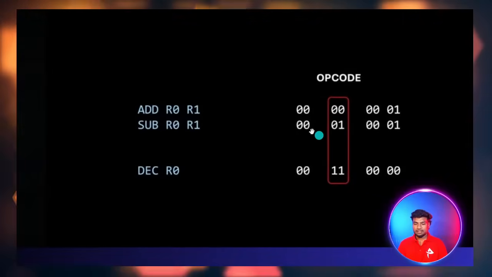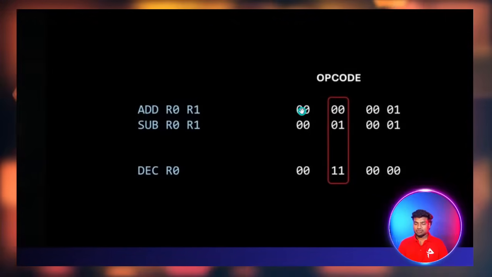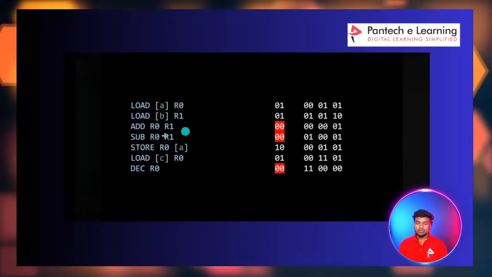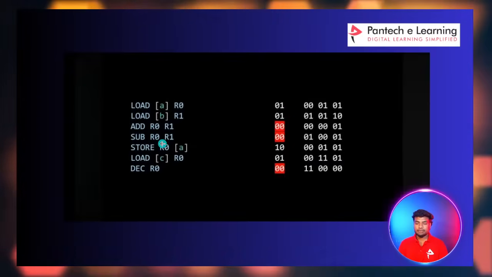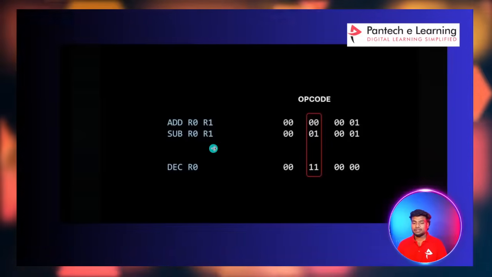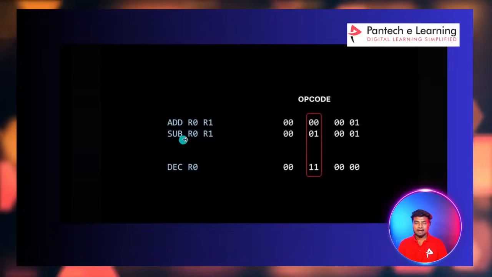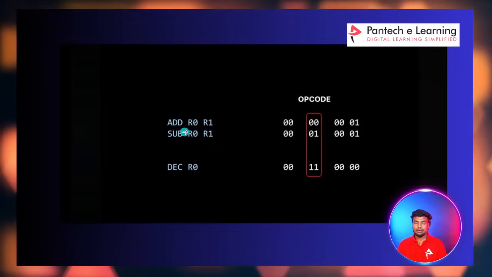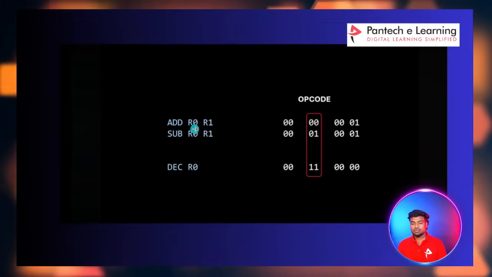So this is the main difference. You can see here this add: 0 0 refers to the arithmetic operation, as I already said. Let's look at arithmetic assembly operations only. This is one instruction. Add is the addition operation, R0 R1.